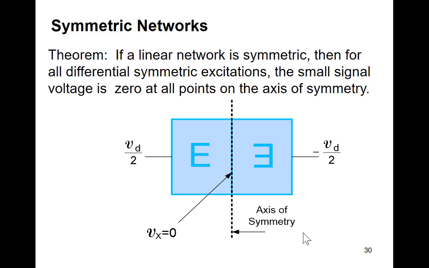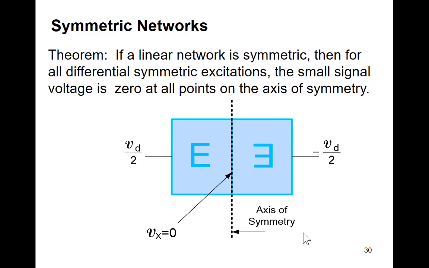So some voltage on the axis of symmetry, VZ, is equal to V1, the voltage on the left, times the transfer function T1Z, plus the voltage V2 times T2Z. Z is a point on the axis of symmetry. I have two transfer functions, from here to here, and from here to here.